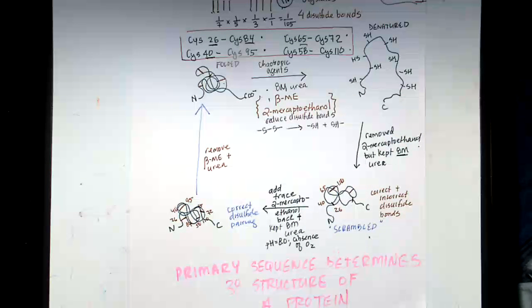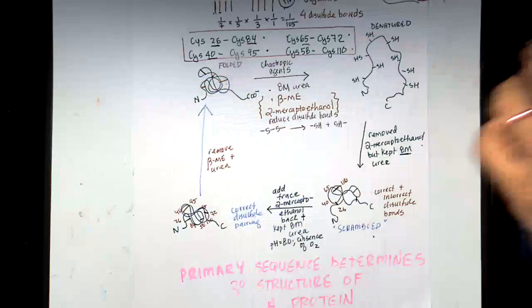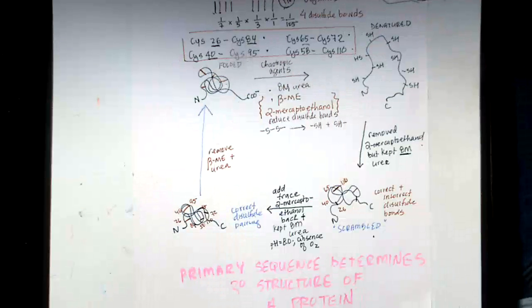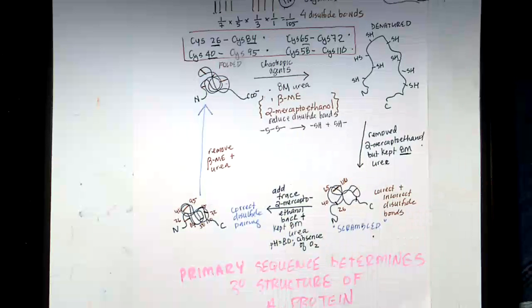And this is the dogma we go by to this day. You denature a protein, and given the right conditions, it folds back up to its native three-dimensional state. That means the instructions to allow that to happen are contained within the primary sequence. That is to say, the primary sequence determines the tertiary structure of the protein. Right, so that was the Anfinsen experiment.